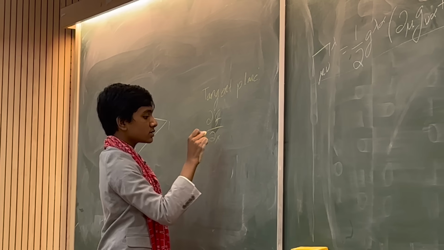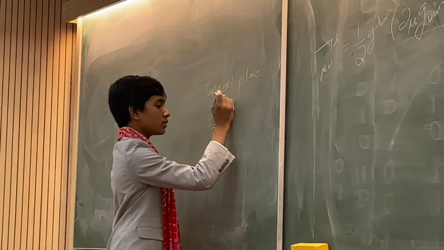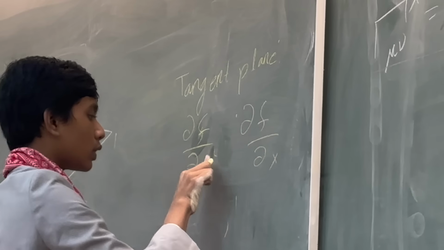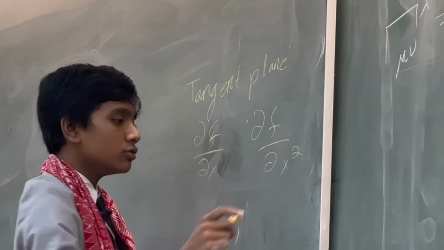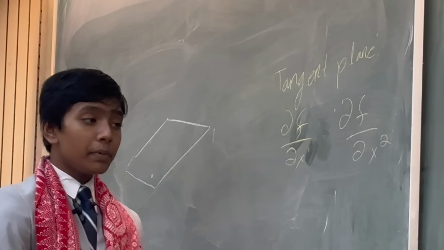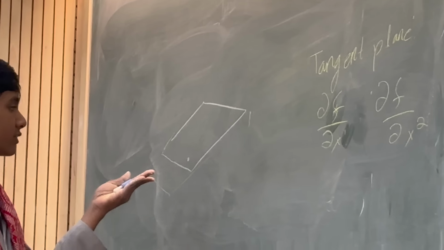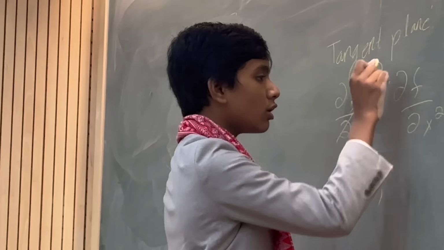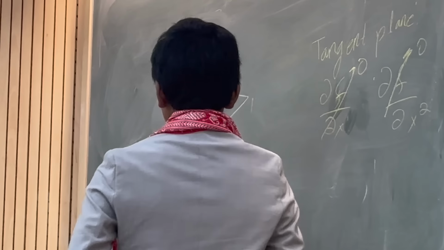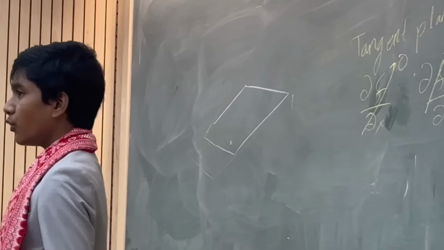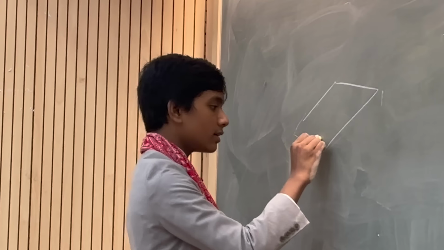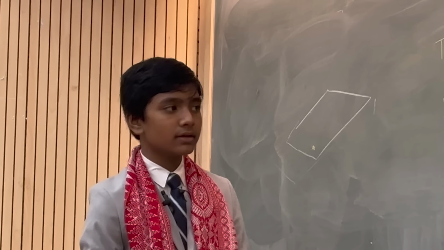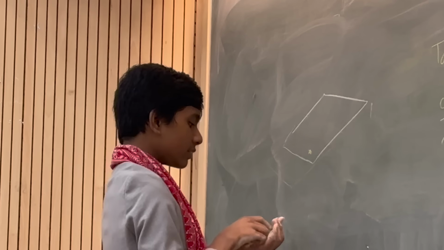So partial f, partial x1, partial x2, and of course partial x3. But the problem is the partial derivatives in all three directions, since this is just a flat plane, are going to be 0, 0, and 0. So that means the two vectors that form this are going to just be the 0 vectors, which causes it to be a flat plane.